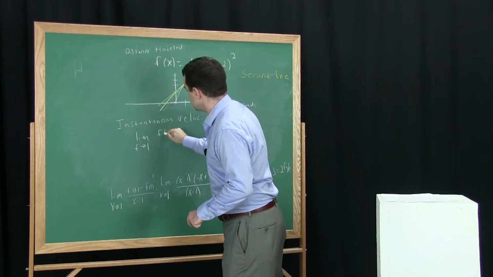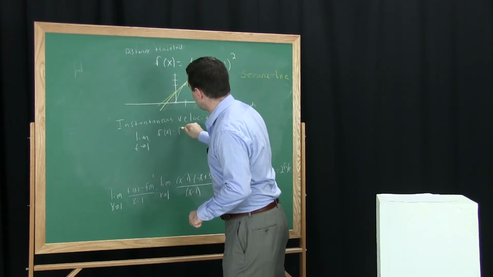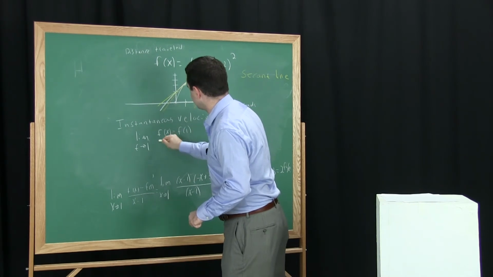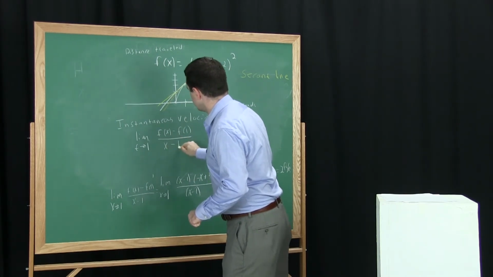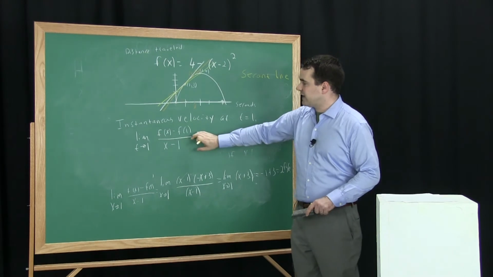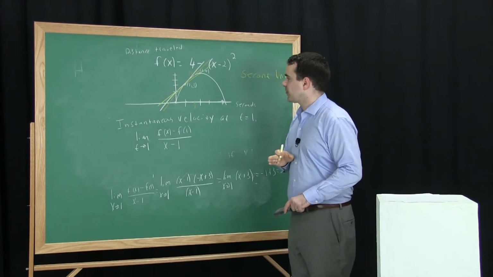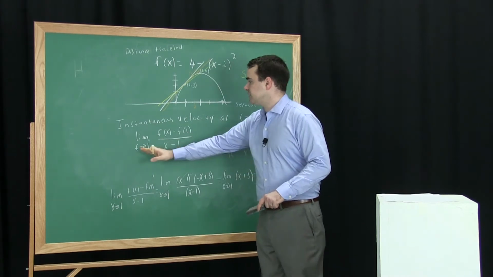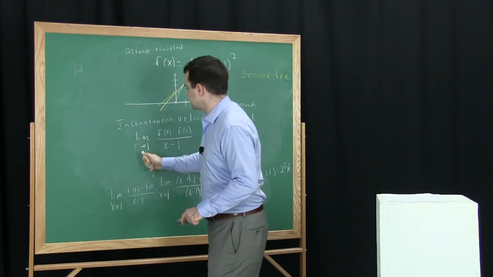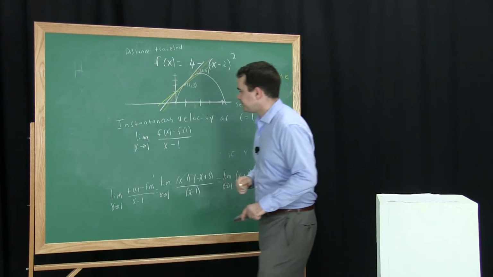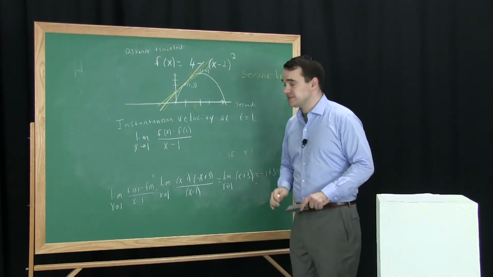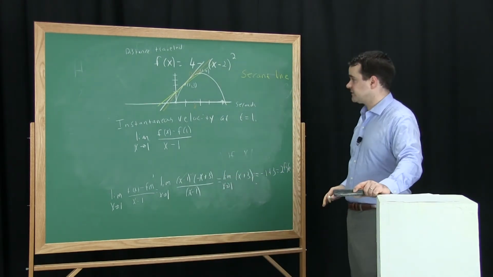Remember, the average velocity is just change in y values over change in x values. So you look at the average velocity from 1 to x, and you take the limit as x goes to 1. And if that limit exists, that's what we call the instantaneous velocity.